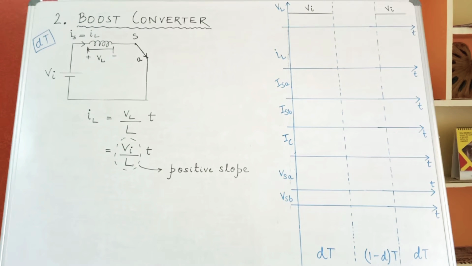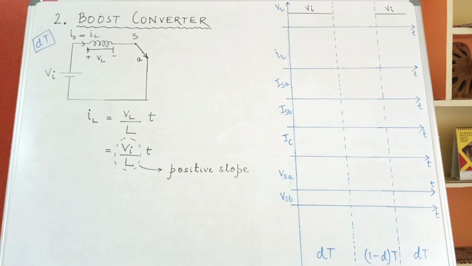Next, we will find the equation for IL, the inductor current, and then try to plot it. We know that the generalized equation for IL is given by VL by L into T, and as calculated, the value of VL during dT period came out to be Vi.